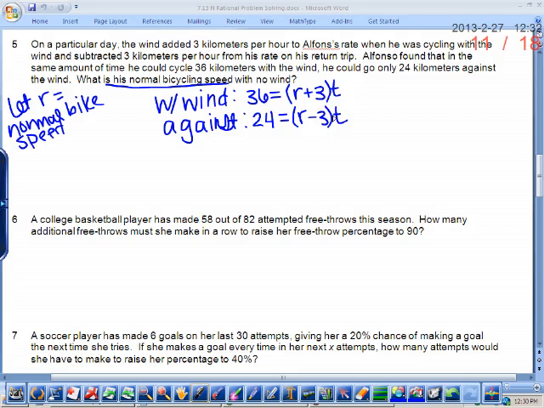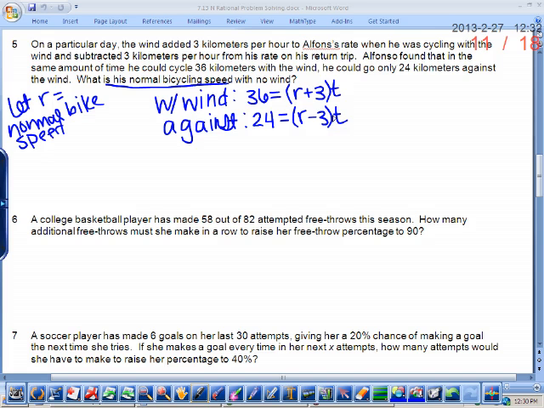Now, in this problem, it was easing you in. It said the wind added 3 kilometers per hour to his rate and subtracted 3 kilometers per hour from the rate. It's not always going to say that, okay? You've got to know anytime they talk about wind, current of water, airspeed, stuff like that, current of a river, anytime it tells you that, then when you go in one direction with that help, it's going to add to your speed, right?